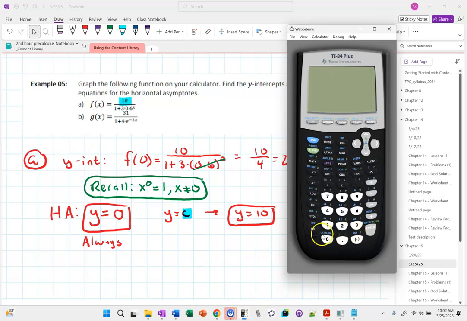Let's type this in and graph it on our calculator and take a look at the picture. Again, I'm going to use that fraction command on my calculator. Then we'll graph this from like negative 100 to positive 100.